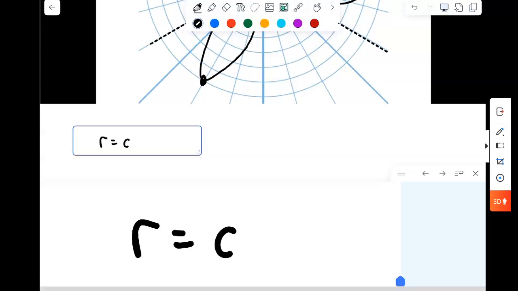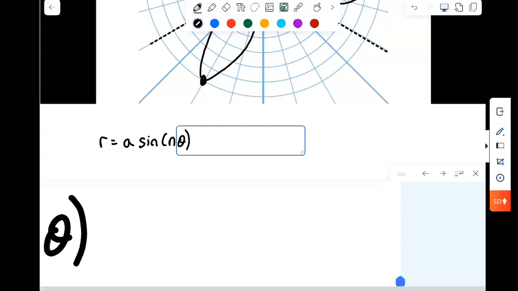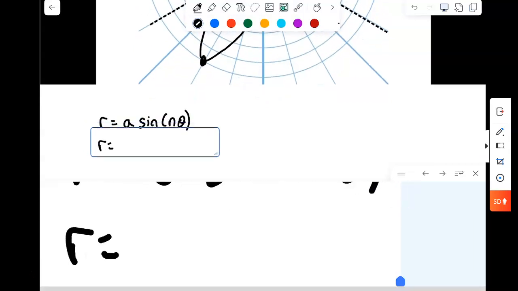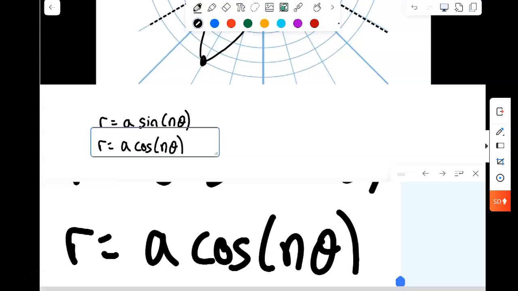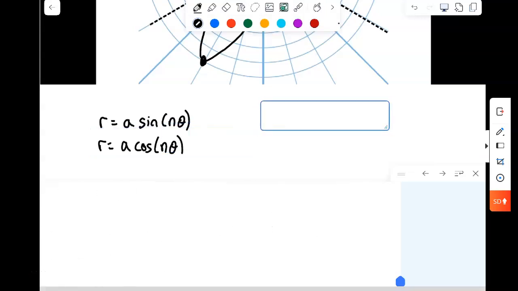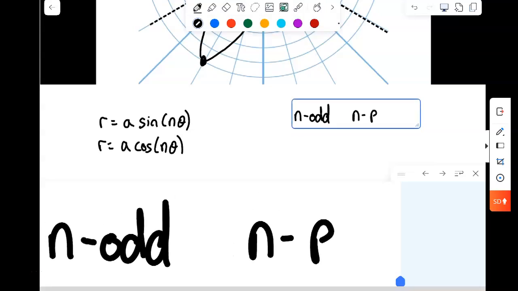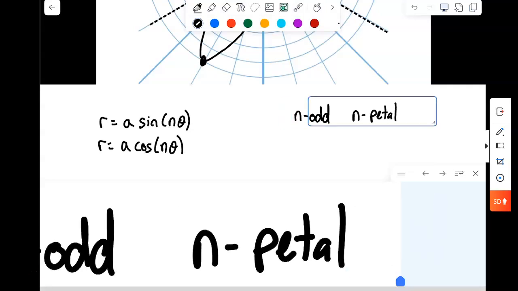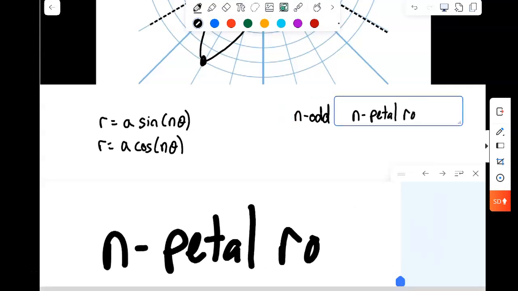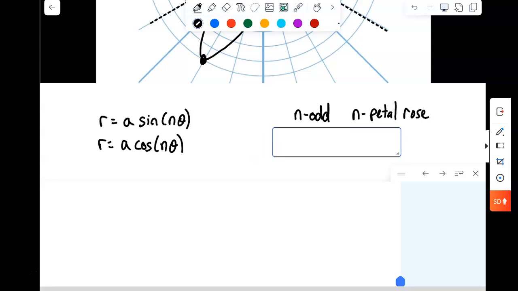Okay, so in general, when you graph stuff like this, what you're going to see is with both r equals a sine n theta and r equals a cosine n theta, that if n is odd, as was the case here, you're going to get an n-petaled rose or flower, because that's what it looks like.